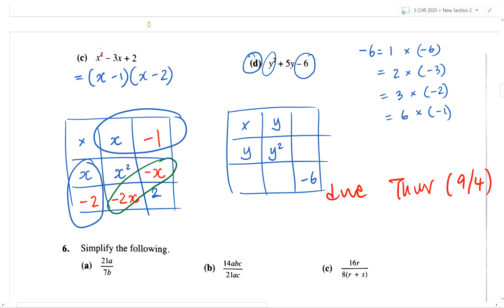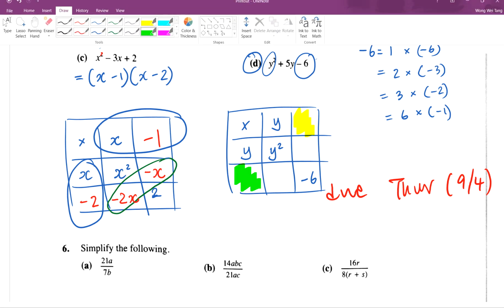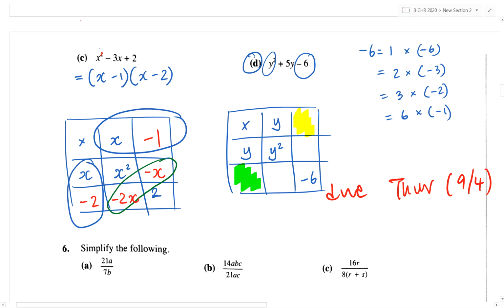We're going to do trial and error. But this time let's try and be smart about it. We try and do some mental sums. If I put in a 1, then this has to be negative 6. 1 times y is y. Negative 6 times y is negative 6y.